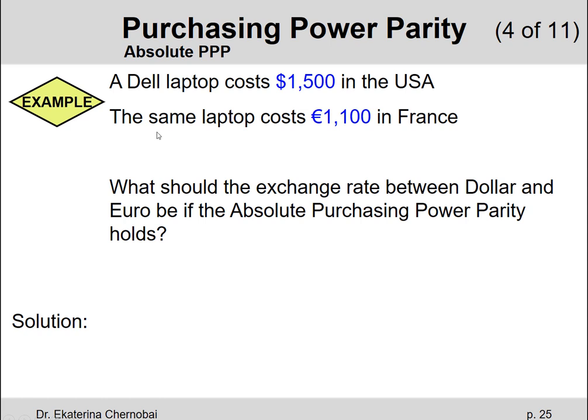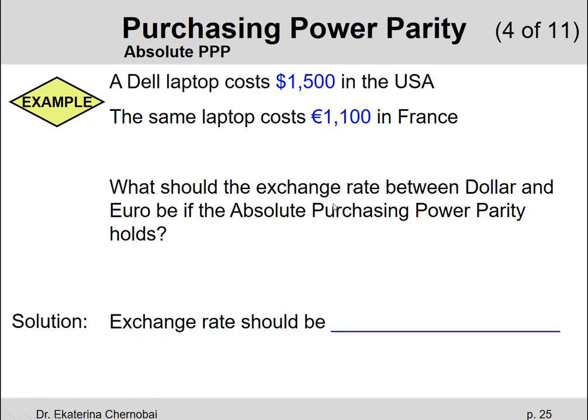The same exact laptop costs 1,100 euros in France. What should the exchange rate between the dollar and the euro be if the absolute purchasing power parity holds? This means if the laptop costs exactly what it should, then what's the exchange rate?